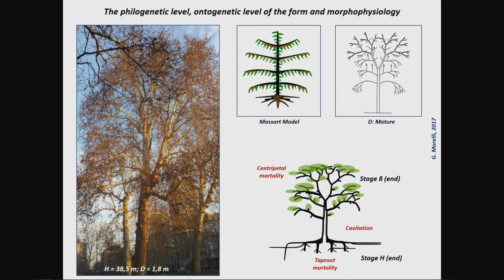We said that it's a Massart model. It's a mature stage. So we think that the development, the ontogenic development, should be like this, and the model should be like this. So I think that maybe I will find a tree like this one.